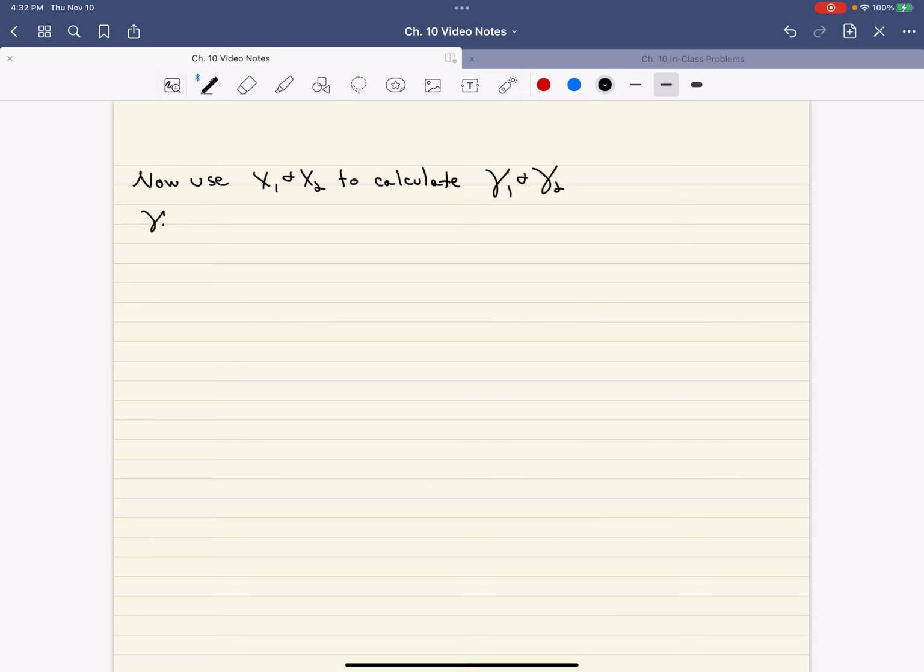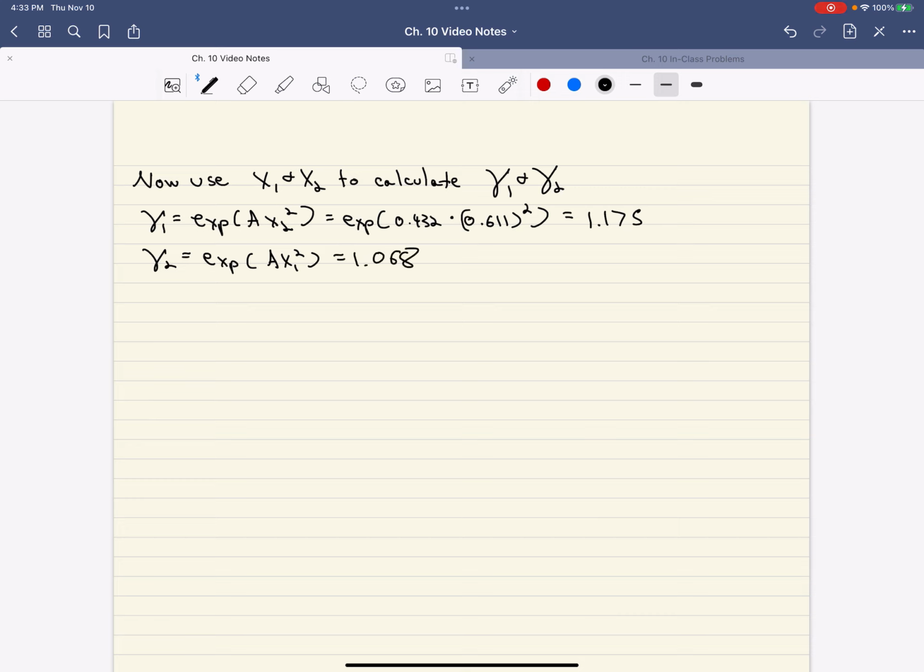So gamma 1 we know is equal to the exponential of A x2 squared, 0.432 times 0.611 squared, and that's going to give us a value of 1.175. And if we do the same thing for gamma 2, we get a value of 1.068.